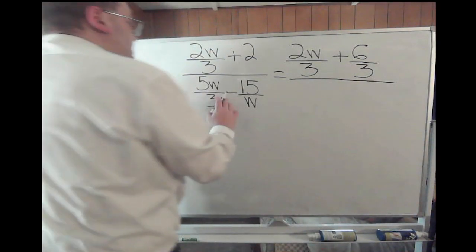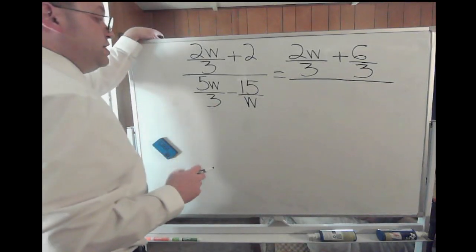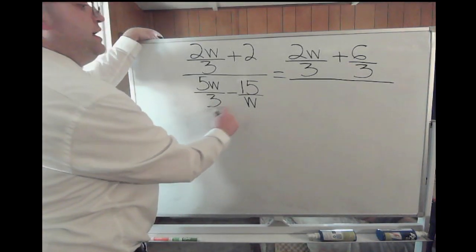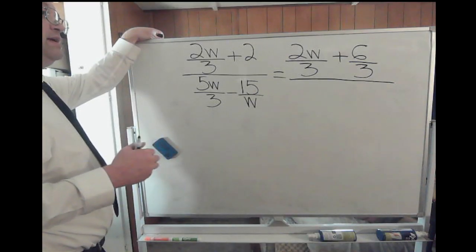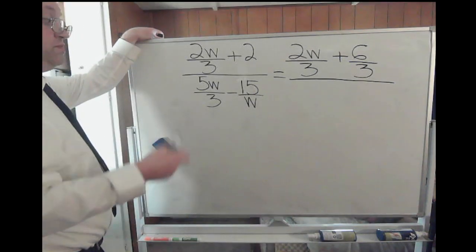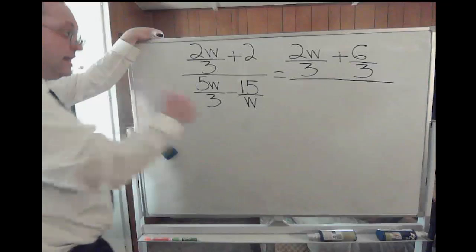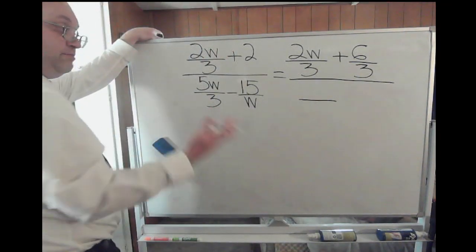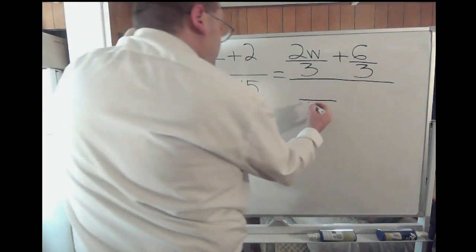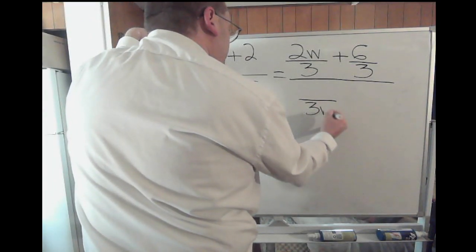Okay, let's look only at the fraction in the denominator. You have a denominator of 3, and you have a denominator of w. So what's going to be the least common denominator? 3w. In order to make that denominator of 3 into 3w, we have to multiply by w, so you would get 3w.